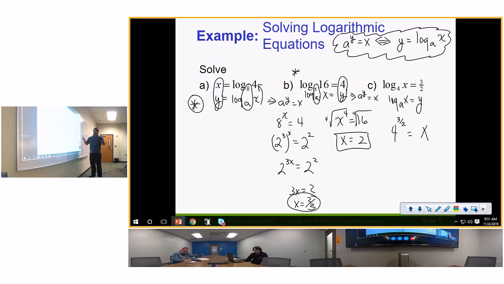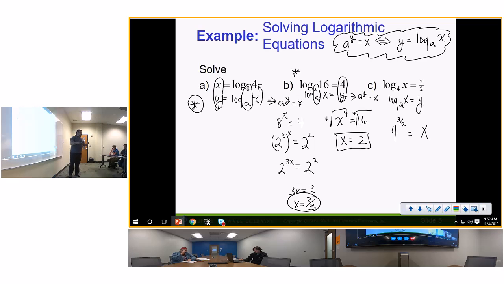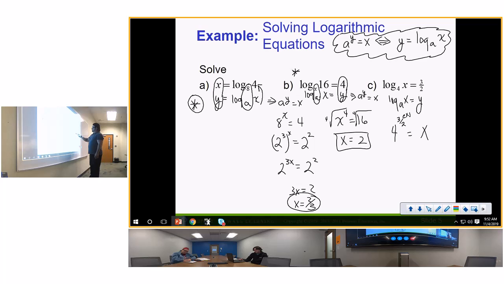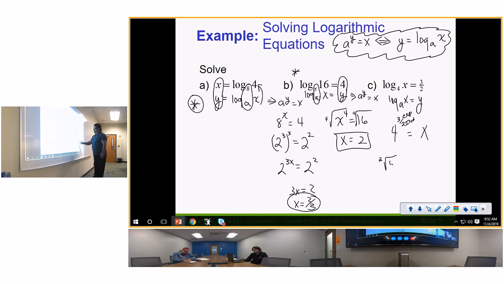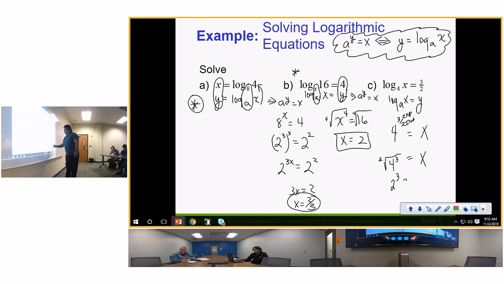Now what is a rational exponent? Exponent over index. So that's the square root of 4 to the third power. And what's the square root of 4? 2, Hubert. 2 to the third is 8.